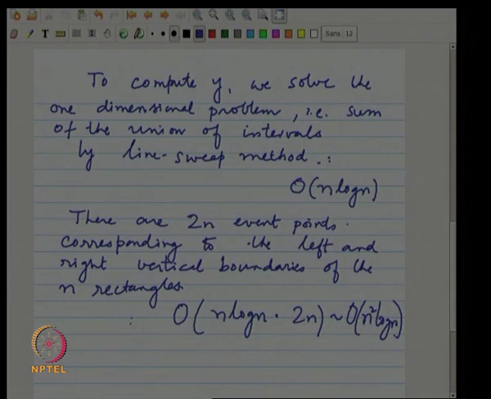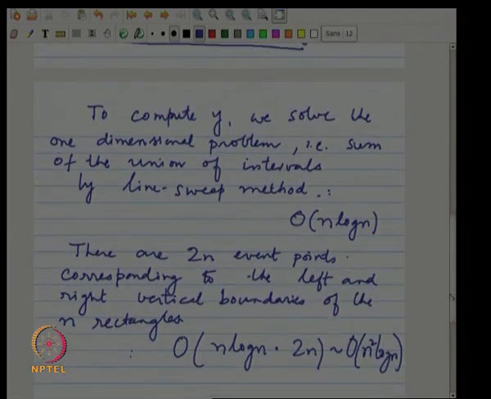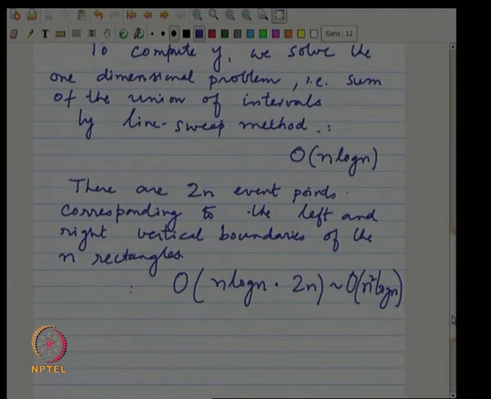Fine. So, we are unfortunately back to the same complexity as if we were to compute these intersections and treat them as disjoint rectangles, but we wanted to avoid all that. However, note that all this is done assuming that every time we encounter an event point corresponding to the beginning or the end of a rectangle, we are computing the sum of the intervals from scratch.